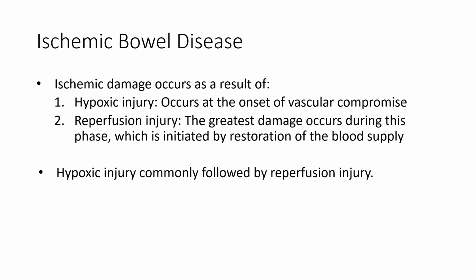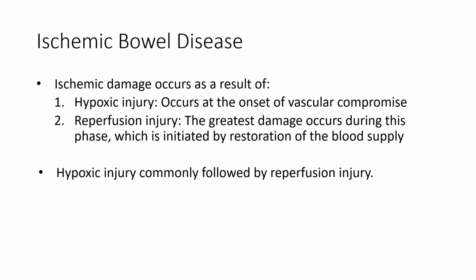Ischemic damage occurs as a result of hypoxic injury and reperfusion injury. Hypoxic injury occurs at the onset of the vascular compromise. Reperfusion injury occurs when there is restoration of the blood supply, and the greatest damage occurs during this phase. Reperfusion of the bowel is required to recover from an episode of ischemia.